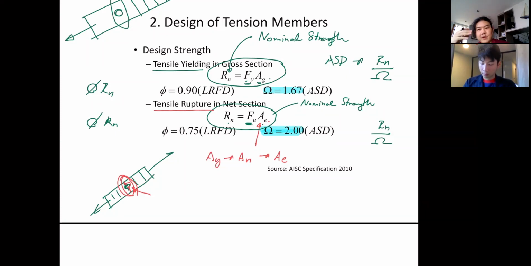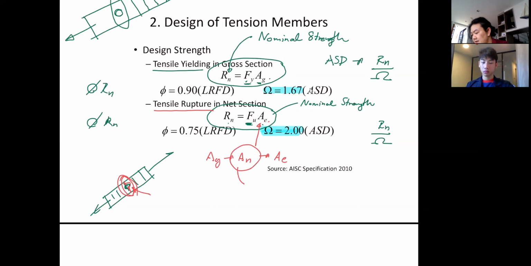You lose area because you want to make a connection. And when you do that, not only do you lose some area so that your gross area becomes net area, there is another phenomenon that may cause your net area not to carry the force 100%.